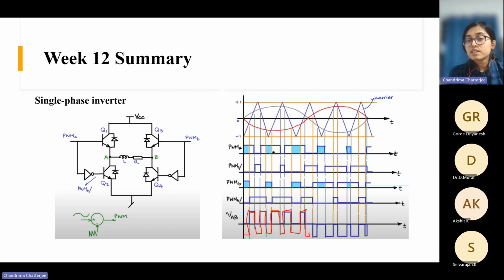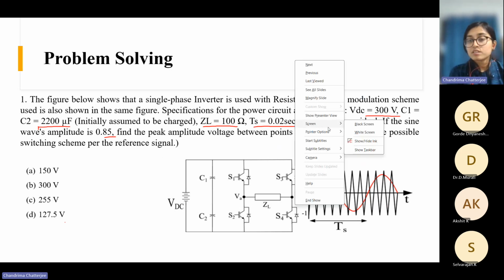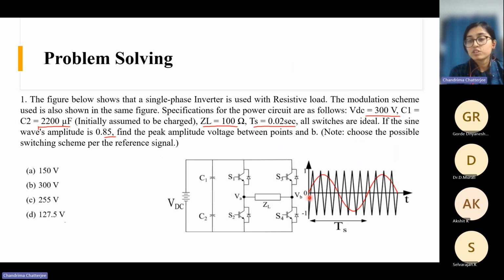One is like this, another is the inverted sine, for operating these two legs, right? But here they have given only one sine wave. So this is a bipolar modulation, because there is a single reference signal.